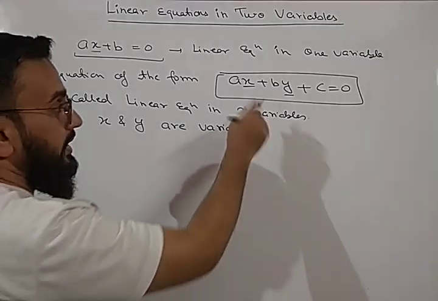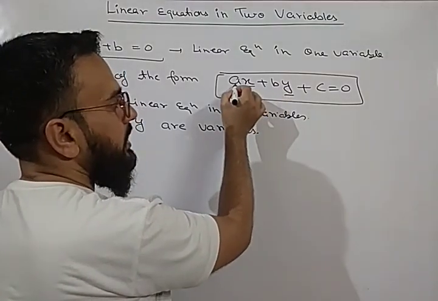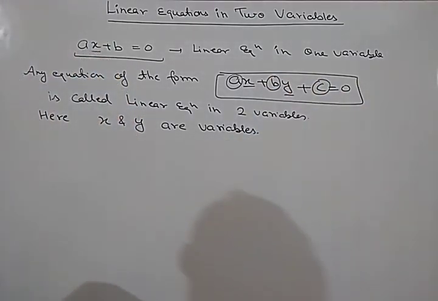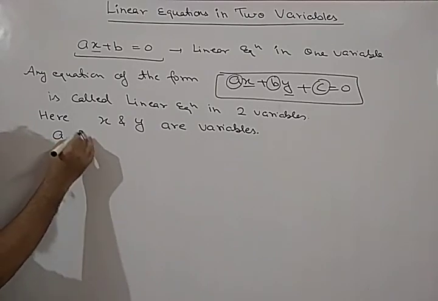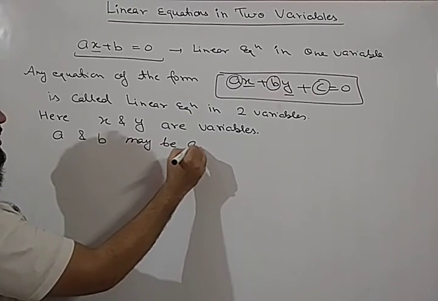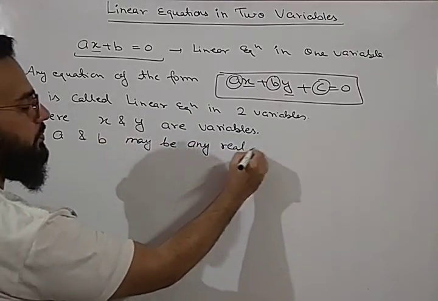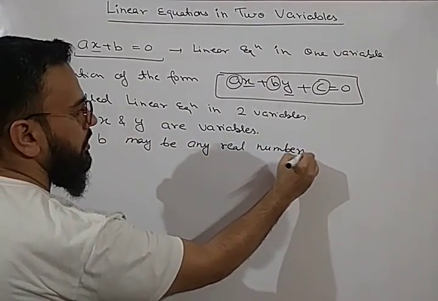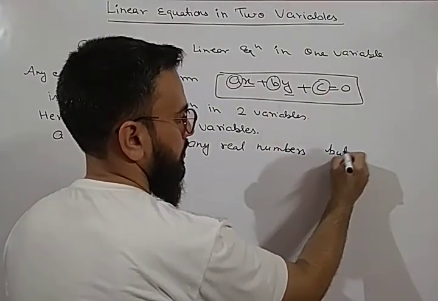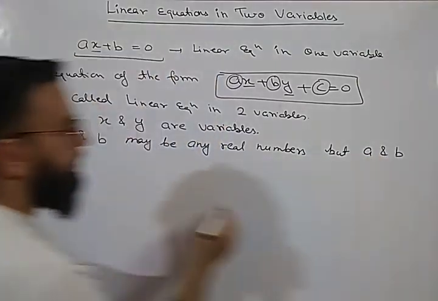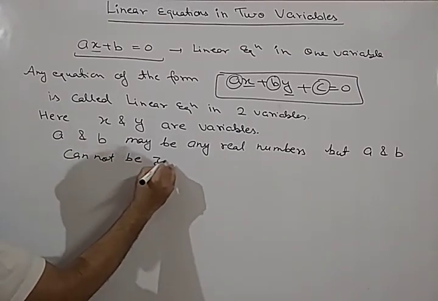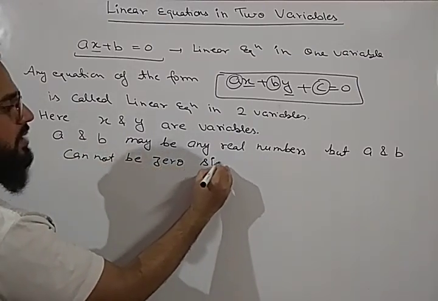Now if x and y are variables, then what are a, b and c? A and b may be any real numbers, but a and b cannot be zero simultaneously.